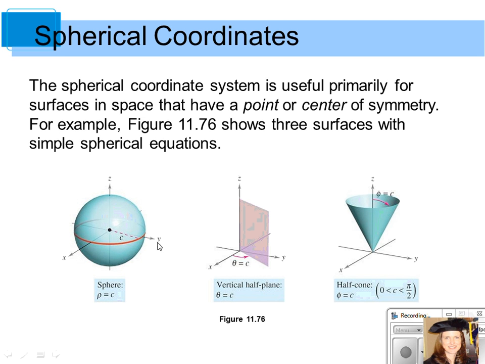If you were writing the equation of the sphere using rectangular coordinates, it would be x squared plus y squared plus z squared equals r squared. A vertical half plane is represented by the angle theta equals c, and a half cone is represented with the simple equation phi equals c, where c is some angle between 0 and pi over 2.